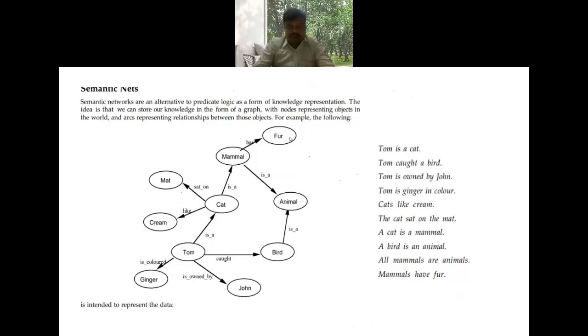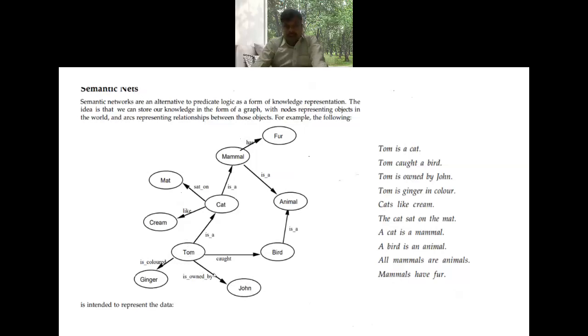So for example, if you see this particular diagram, we will start with Tom. Tom's color is ginger and Tom is owned by John. Here John is a person, Tom is a cat, his cat.